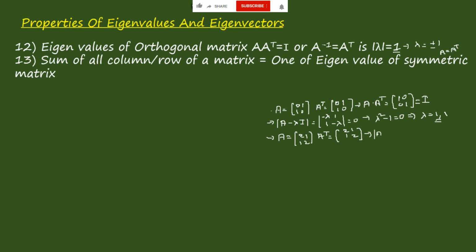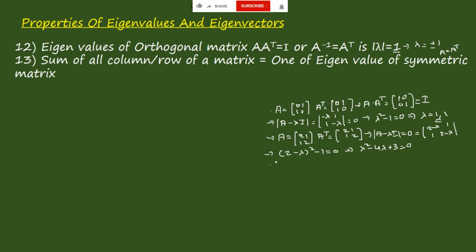So find the eigenvalues of it. Determinant of A minus lambda I is equal to 0, which is nothing but the determinant of [2 minus lambda, 1; 1, 2 minus lambda]. So we get (2 minus lambda) whole square minus 1 is equal to 0, which implies lambda square minus 4 lambda plus 4 minus 1, so it becomes plus 3, is equal to 0.